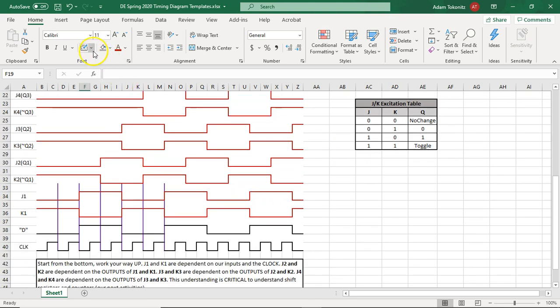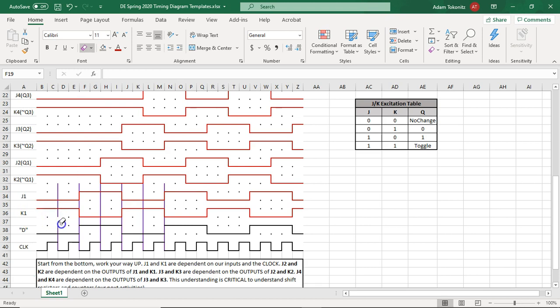Now I want to do one final thing. I'm going to erase my purple lines because I think it'll be a little beneficial to see everything without these markers in the way. And you should be able to see the pattern very clearly once I get rid of all these purple lines.